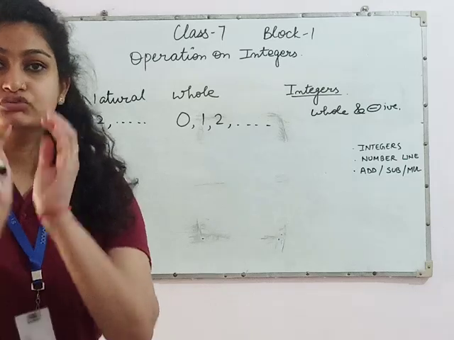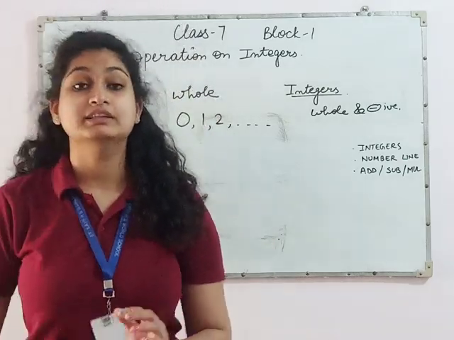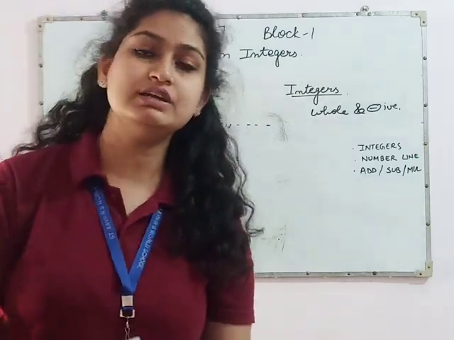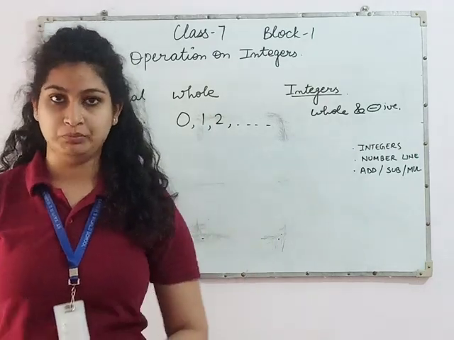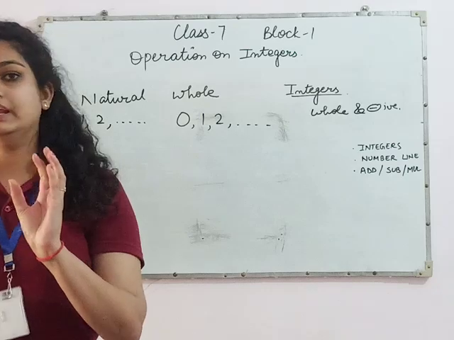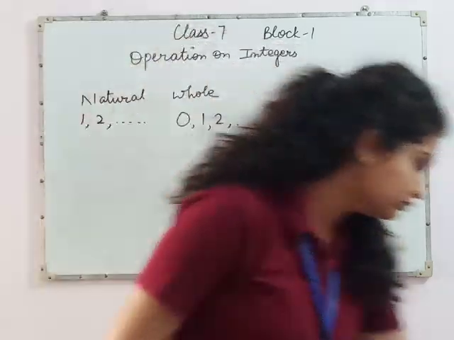Right? Natural numbers start from 1. If we add 0 in that bag, that becomes whole numbers. If we add some more negative integers in that bag, it becomes an integers group. Integers basically have 0, negative numbers and the positive numbers.